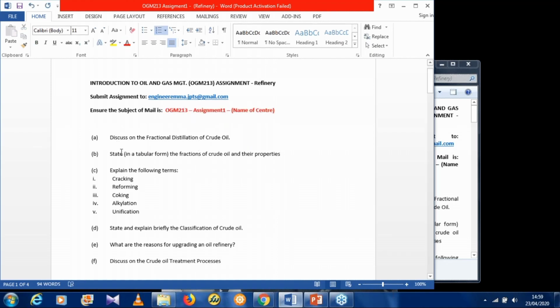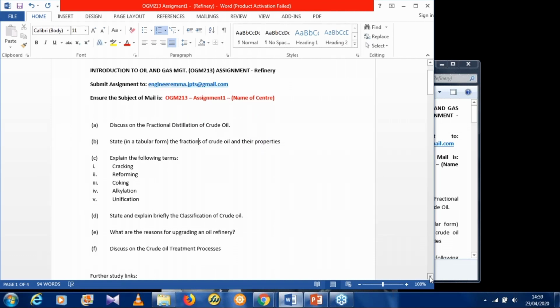Okay, the first question is for you to discuss the fractional distillation of crude oil in your own words. And number two is take in a tabular form the fractions of crude oil and their properties.